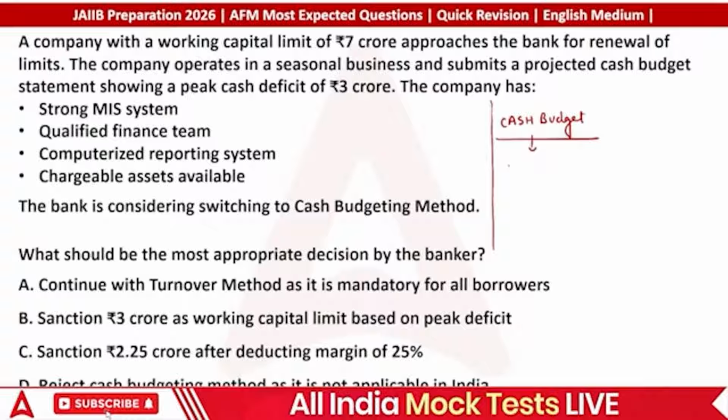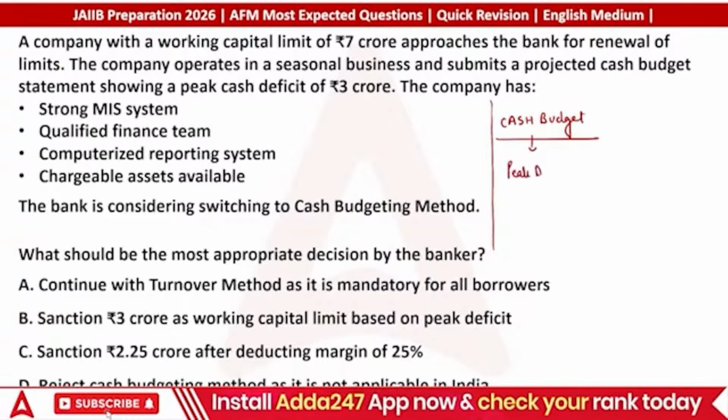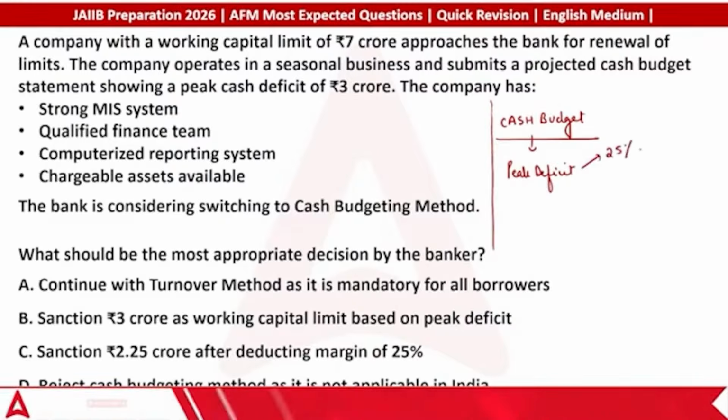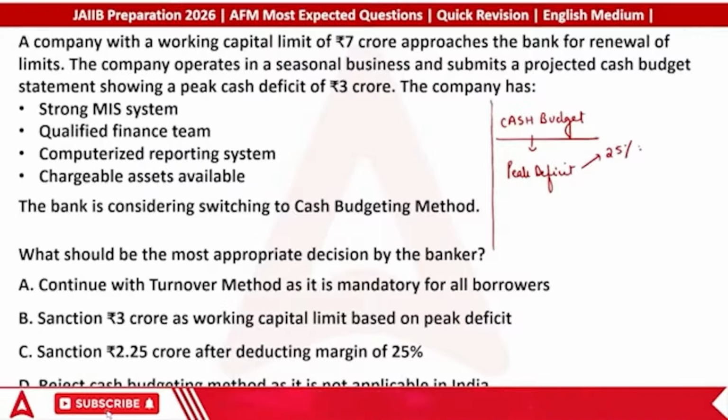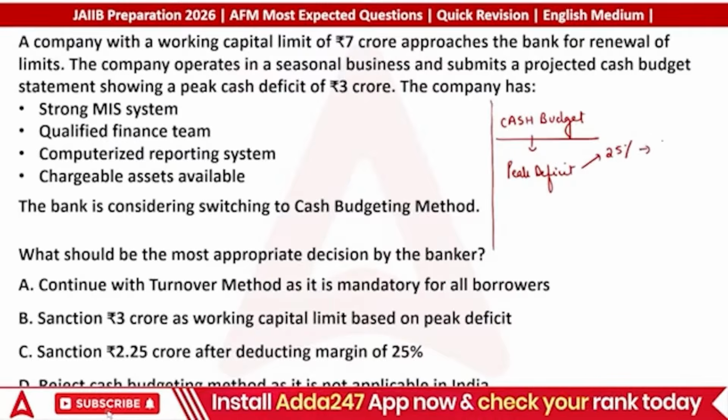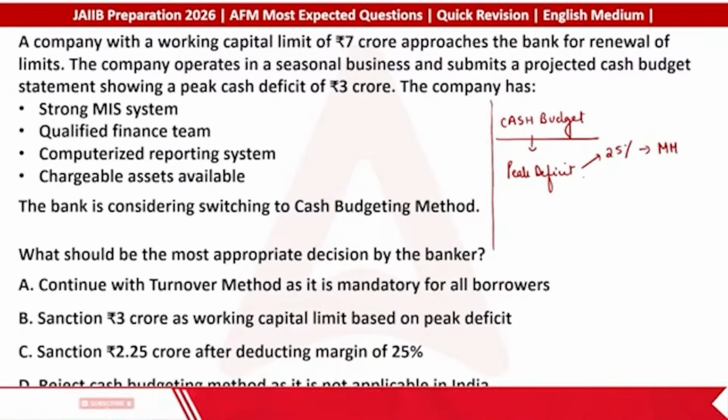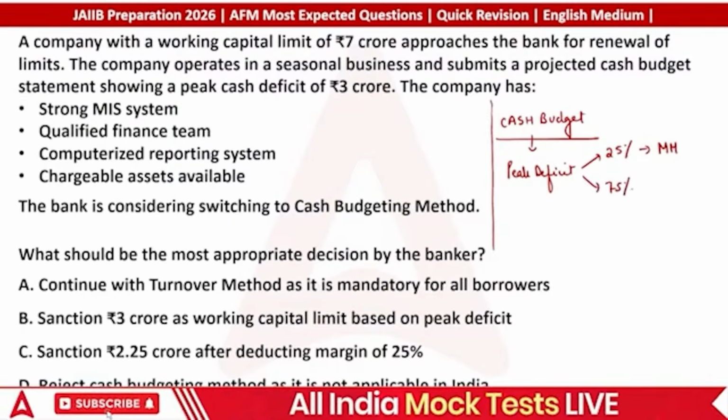So we call it peak deficit. Now, out of this peak deficit amount, 25% has to be the margin money, and 75% will be bank finance. Correct? So let's see according to this.